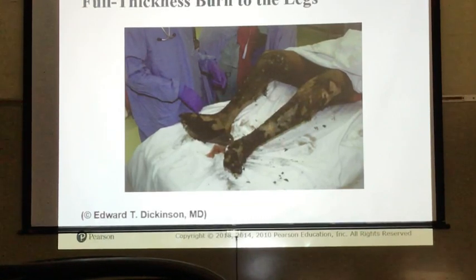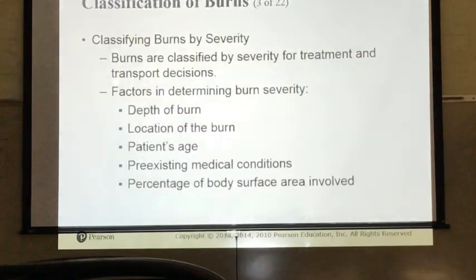Full thickness burns involving hands, feet, face, ears, eyes, and genitalia are considered critical. Critical burns: full thickness burns involving the hands, feet, face, eyes, ears, or genitalia. Burns associated with respiratory injury. Full thickness burns covering more than 10% of the body's surface. Partial thickness burns covering more than 25% of the body's surface in adults.